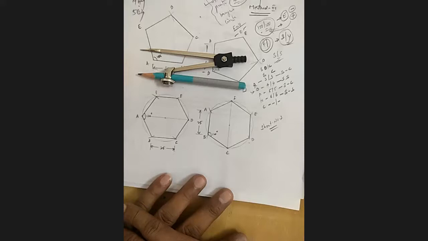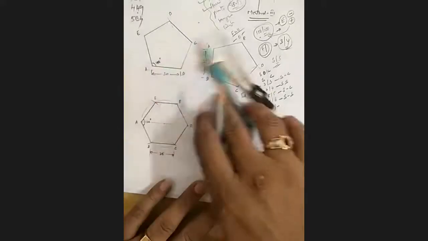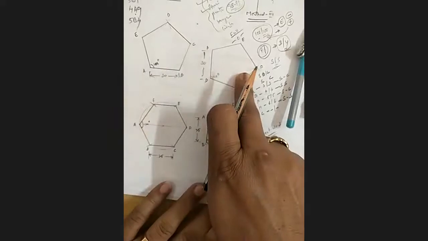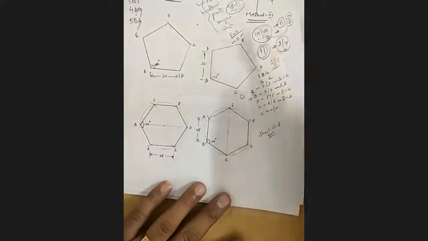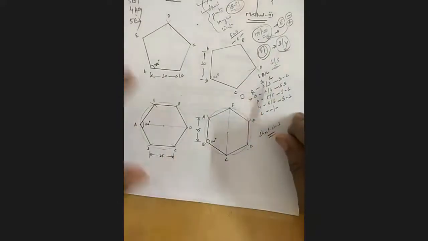Divide a line into number of parts, divide a circle into 12 equal parts, both by protractor method and compass method, then construction of polygons. In that, triangle, square, pentagon by method 1, hexagon by method 2, octagon by method 3, and then these two figures, hexagon by general method. These many things I want in your drawing sheet.